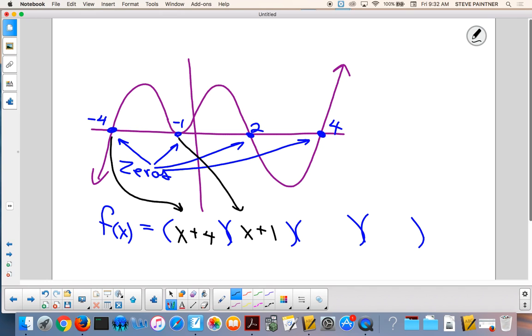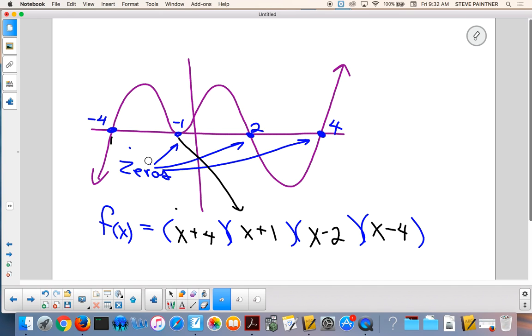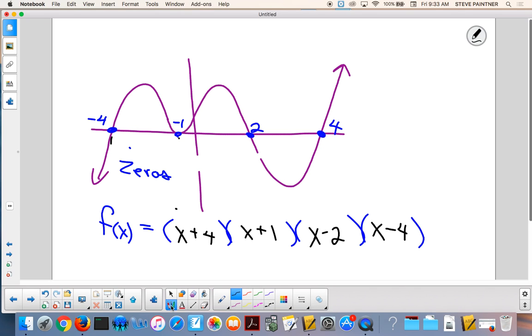This one came from what? X minus 2. This one came from x minus 4. Guys, all these arrows are kind of messing you up, I suppose. I better get rid of them.